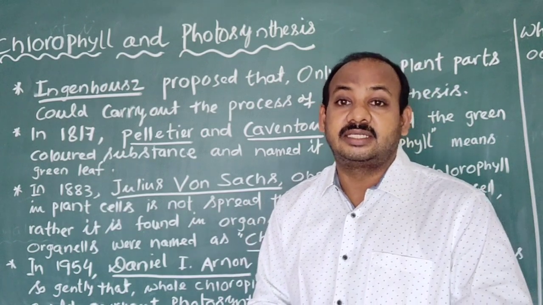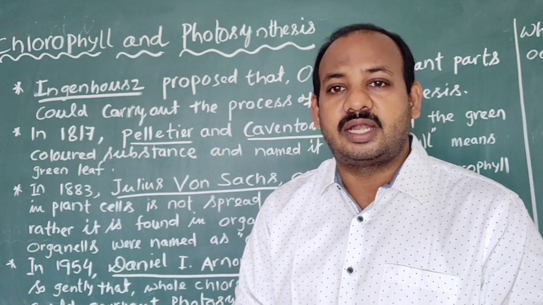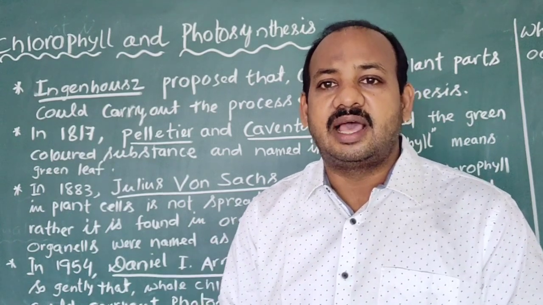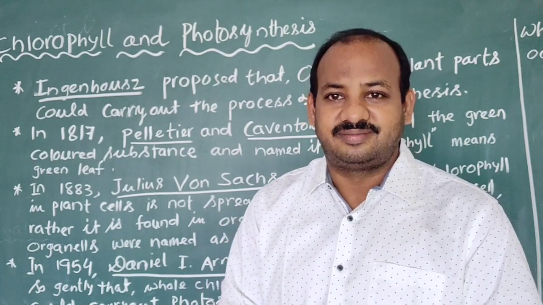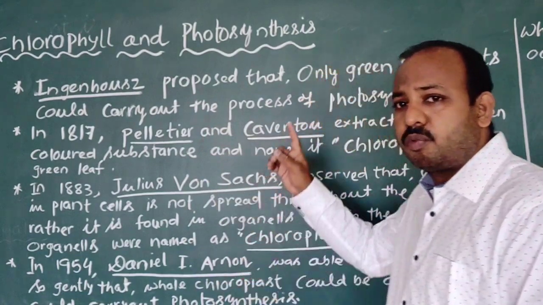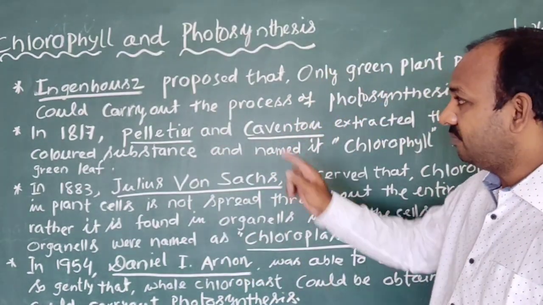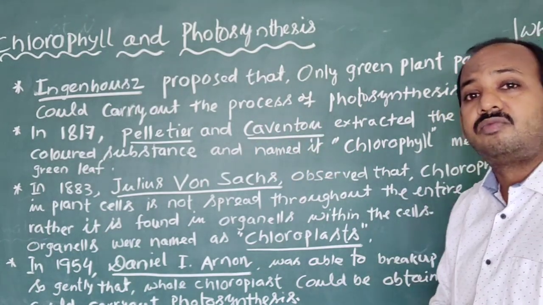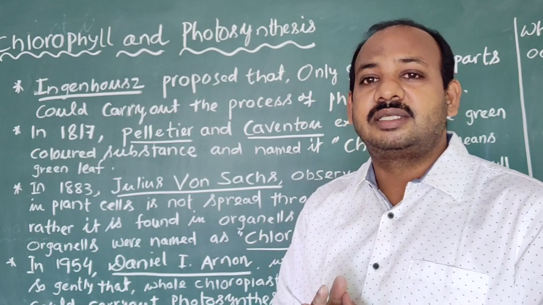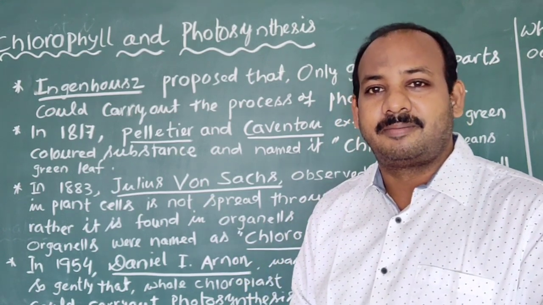He conducted an experiment in hydrilla plants and showed that only in the presence of sunlight, in aquatic plants like hydrilla, oxygen gas is released. Similarly, he proposed that only the green parts of the plants can carry out the process of photosynthesis.